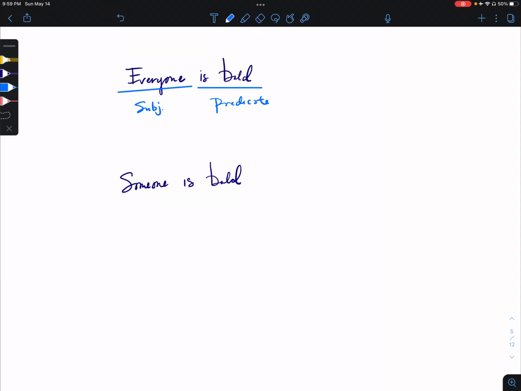But the grammar of this sentence makes it seem like there is some individual, everyone, that has the property of being bald, such that we should translate it like this.